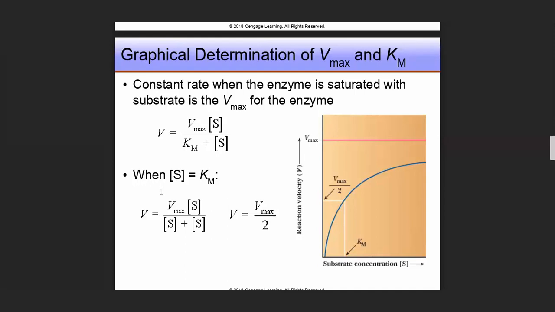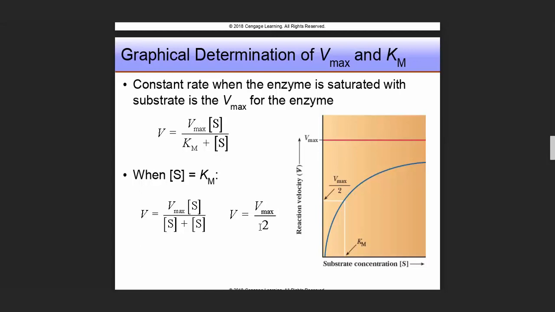Now, we have a special condition here. When experimental conditions are adjusted so that substrate concentration equals Km, then we substitute S instead of Km in the equation. So now the initial velocity equals 1/2 V max. In other words, when the rate of the reaction is half its maximum value, the substrate concentration is equal to the Michaelis constant.